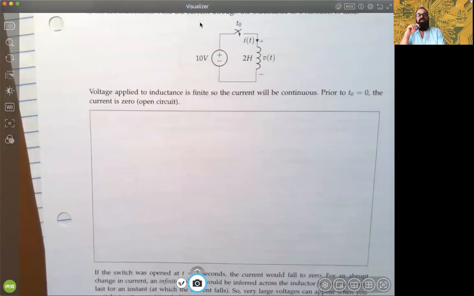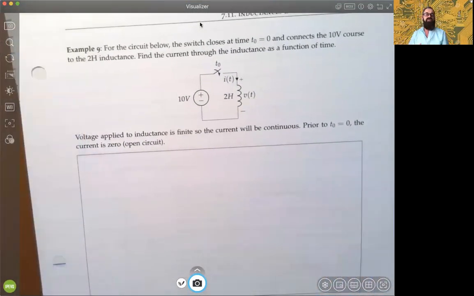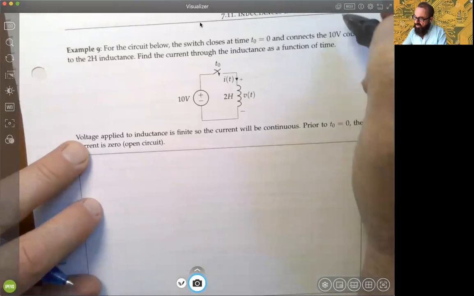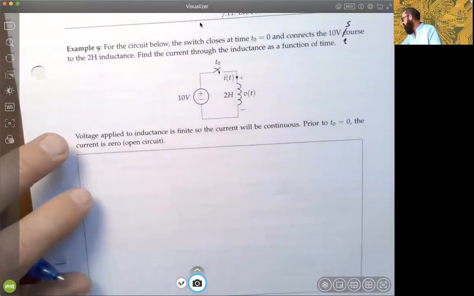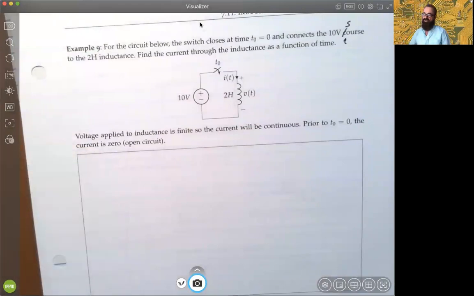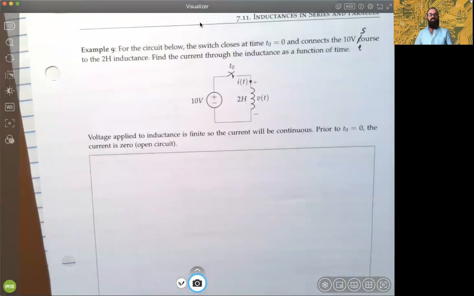The idea is when we close the switch at time 0, that gives us a connection between the 10 volt source, not course, that should be source, so we'll correct that in our notes, and the 2 Henry inductance.